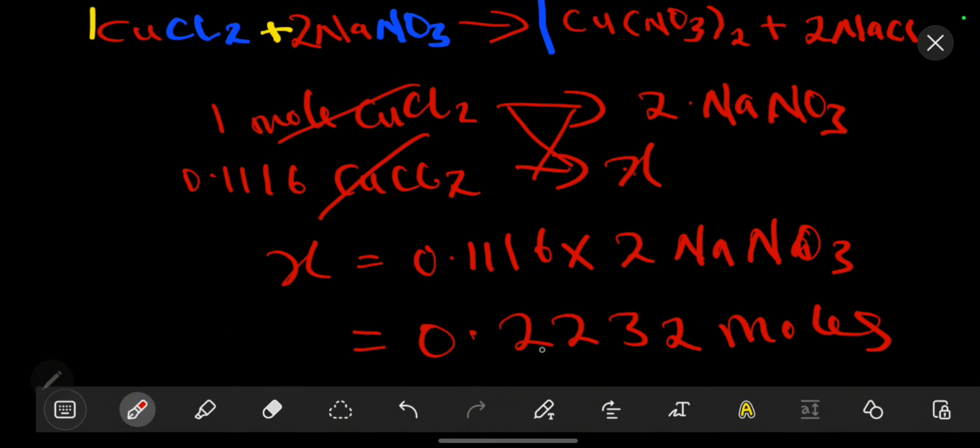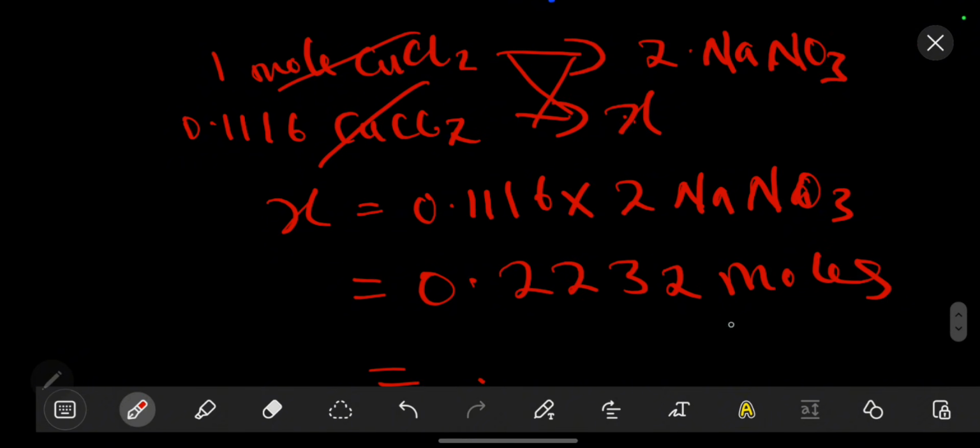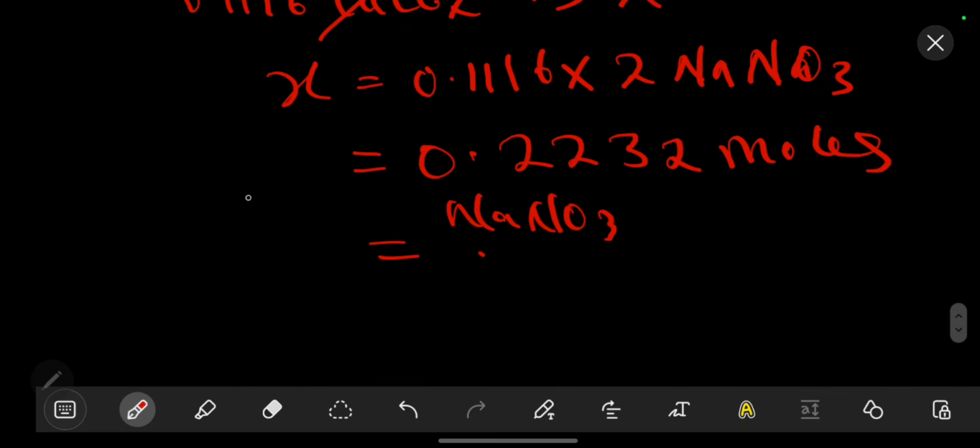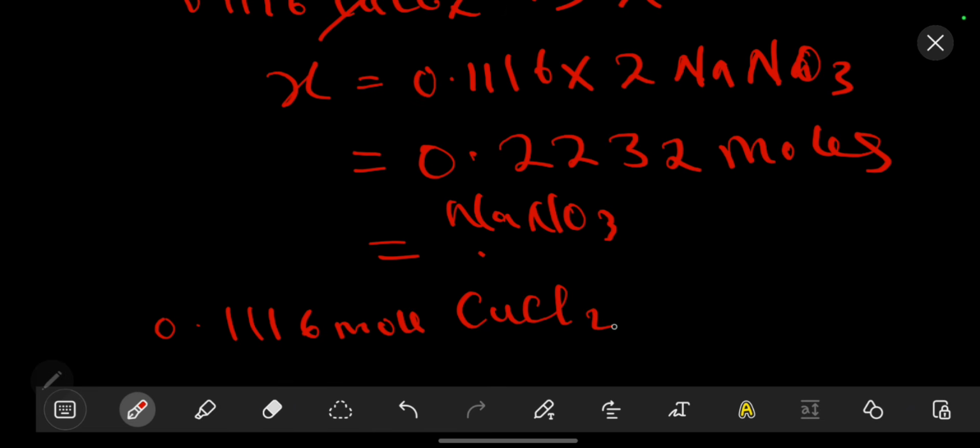So that means, out of the whole amount, the 0.1116 moles of CuCl2 can only react with 0.2232 moles of our NaNO3.